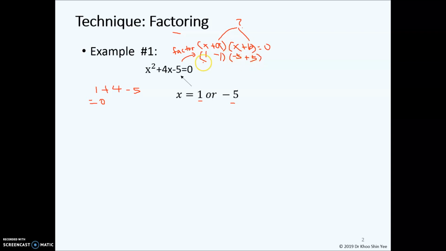So that when you multiply it, it will be equal to 0. So we can rewrite this into x plus negative 1, or directly you write x minus 1 here, and on the right hand side is x plus 5, where your a is negative 1, b is 5. So after factoring you should get this.